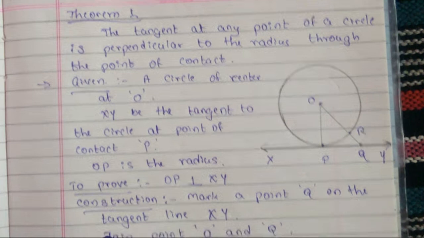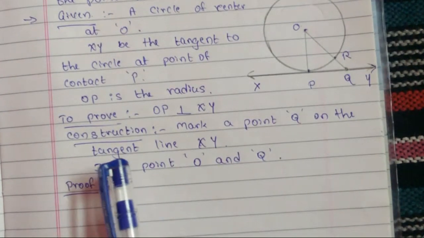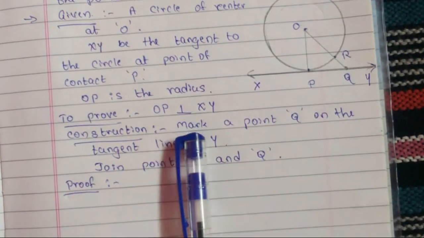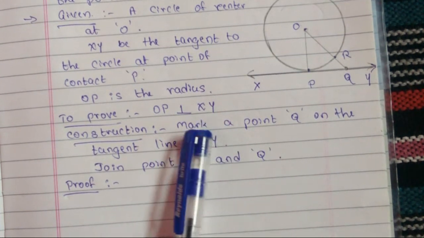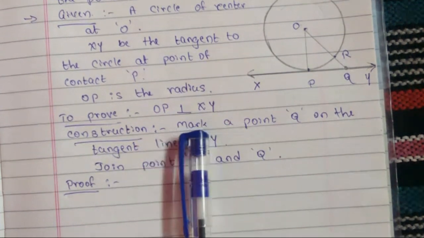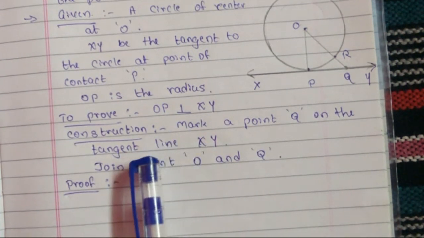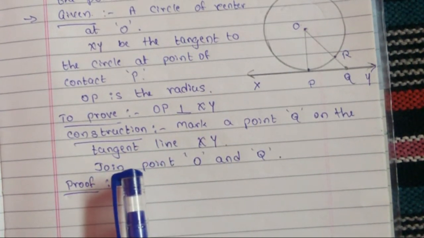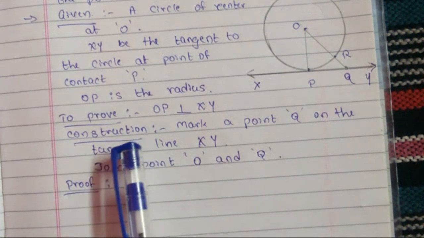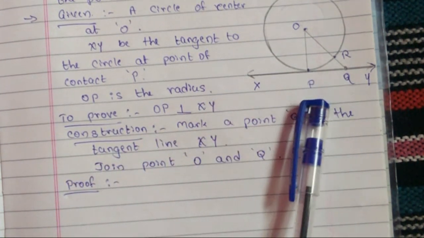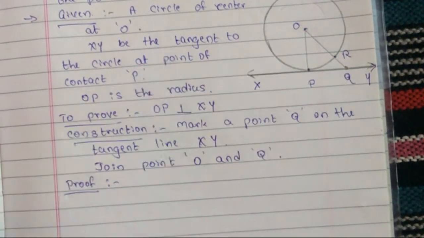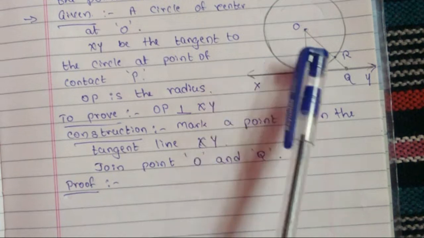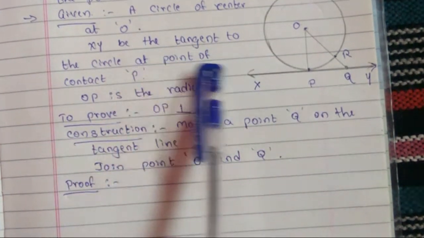Then next step, what we have to prove, that one we have to write. To prove OP is perpendicular to XY, that means radius is perpendicular to tangent, or tangent is perpendicular to radius. The next one, for that proof, we have to mark one point Q on the tangent XY, and we have to join point O and Q. How many of you understood this?